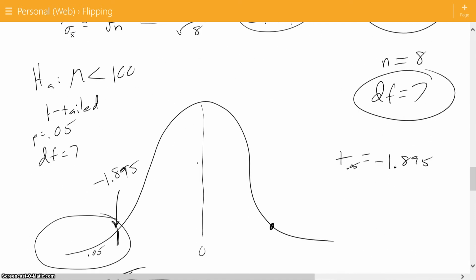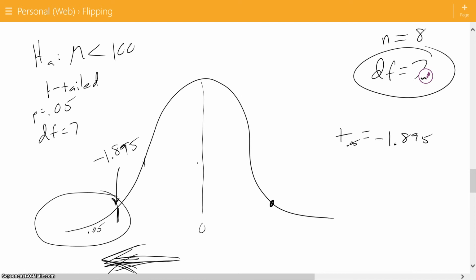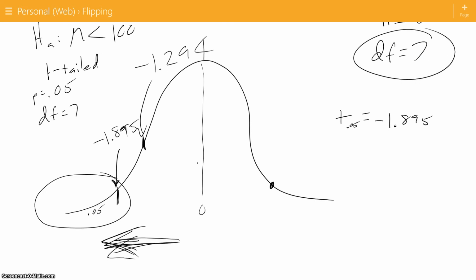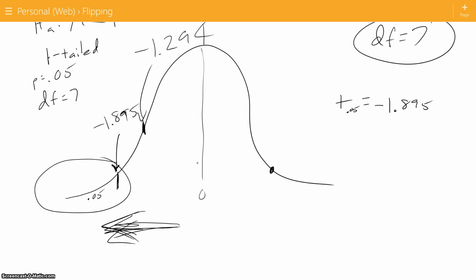Our t-score, however, was negative 1.294. So negative 1.294 is going to be somewhere maybe about right here. Okay. We don't know exactly what the probability is at that point. There is a way through some technology that we could, but all we're really concerned with at this point is that this is to the right of negative 1.895.